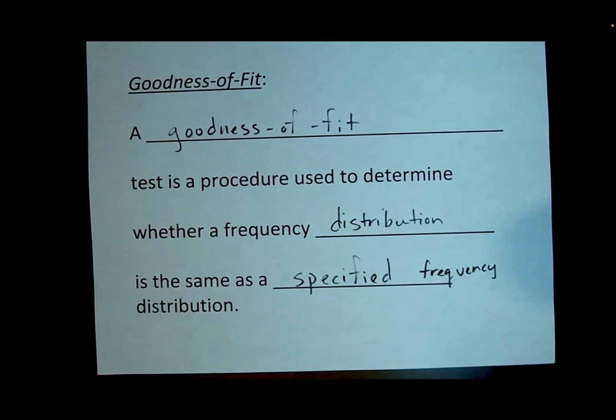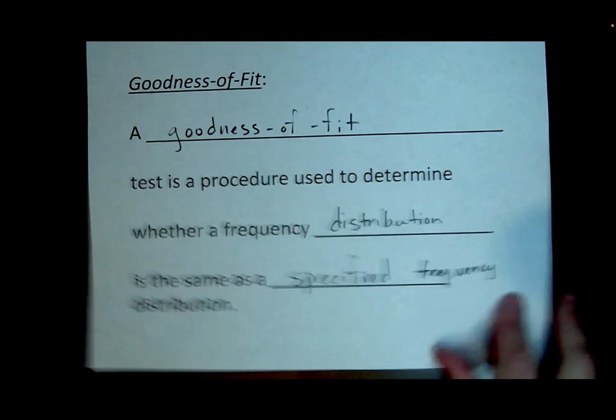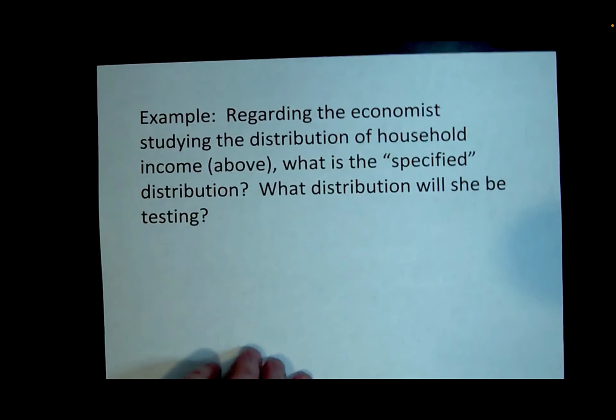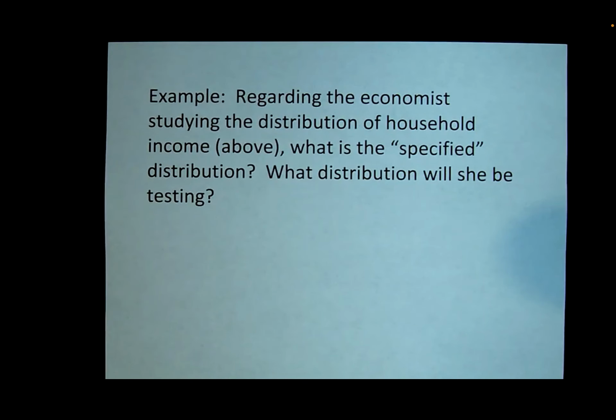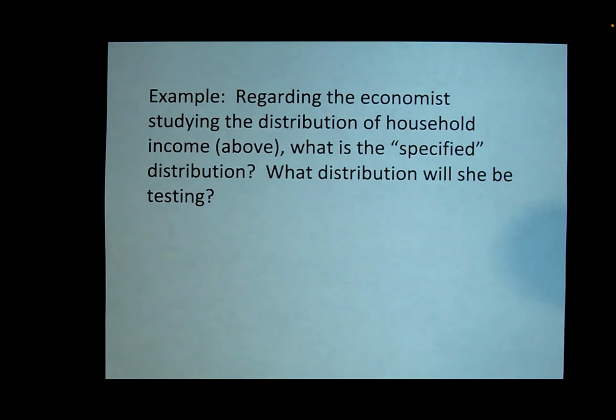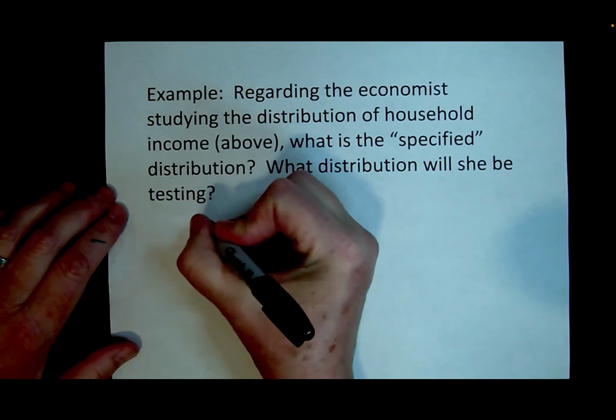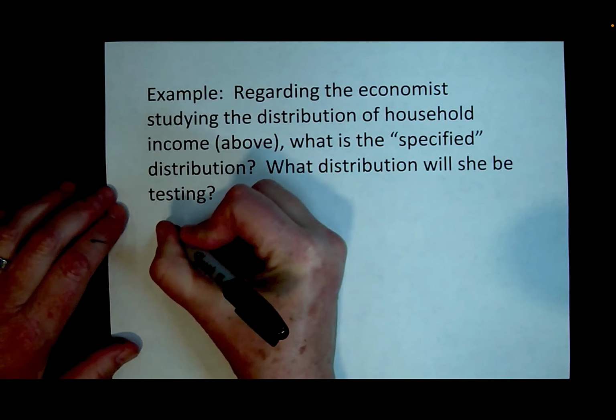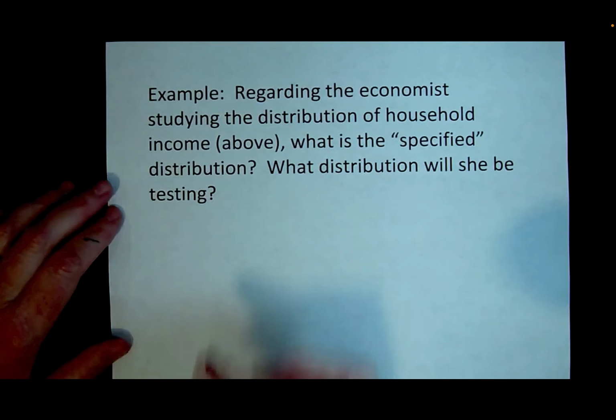Okay, the type of distribution we're dealing with, frequency or probability distribution. So, for example, regarding the economist studying the distribution of household income that we looked at above, what's the specified distribution and what distribution will she be testing? Well, the specified distribution is the one from 2000. So why is that?